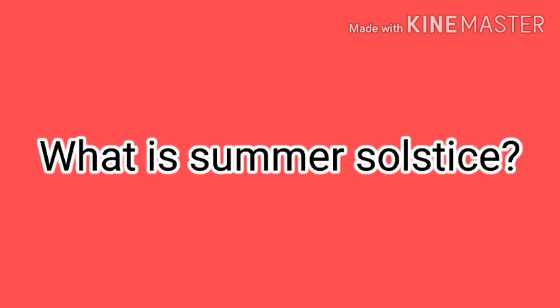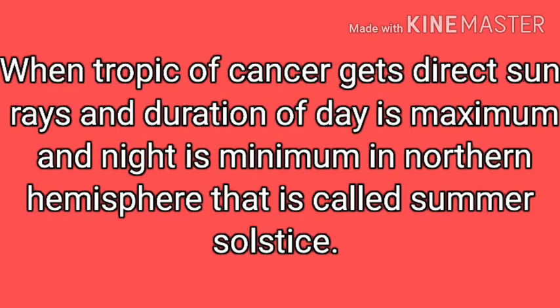This is known as summer solstice. So, what is summer solstice? When the Tropic of Cancer gets direct sun rays and the duration of day is maximum and night is minimum in the northern hemisphere, that is called summer solstice.